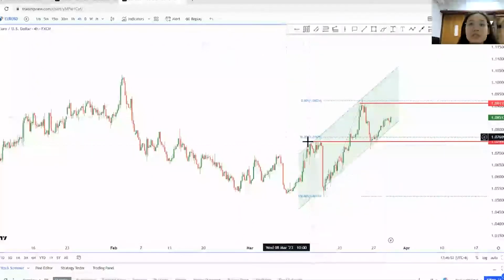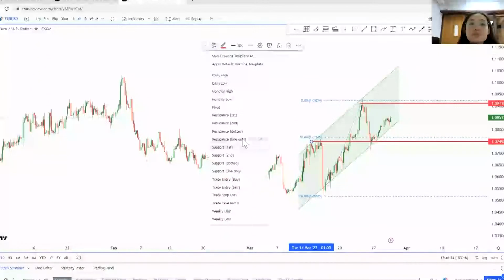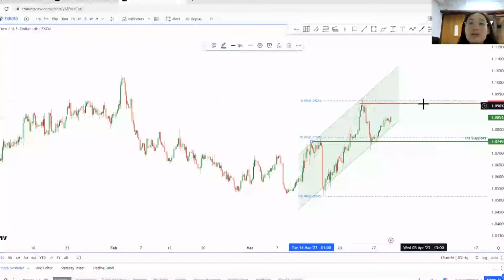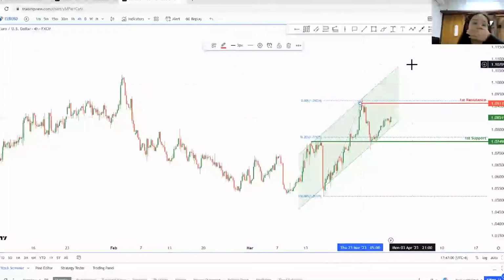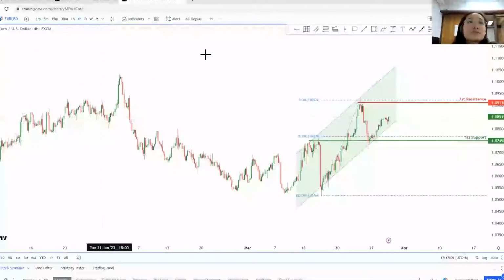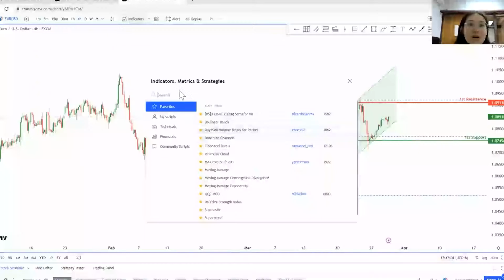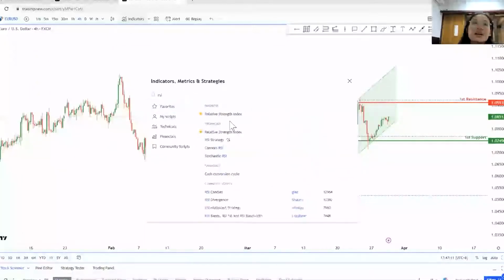Let me just label this. First support and first resistance. Okay. So this is just a very brief graphical analysis example, but I want to focus more on the RSI indicators.